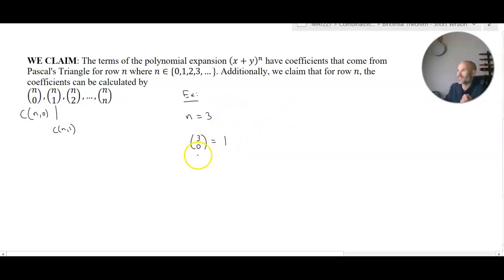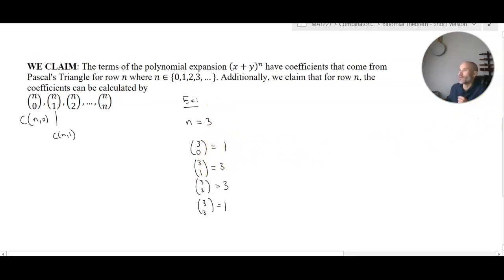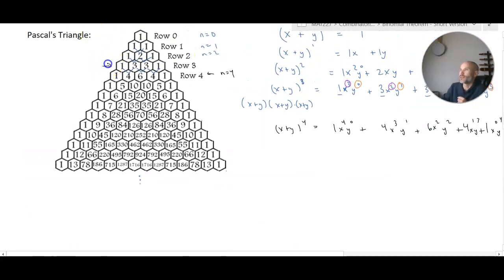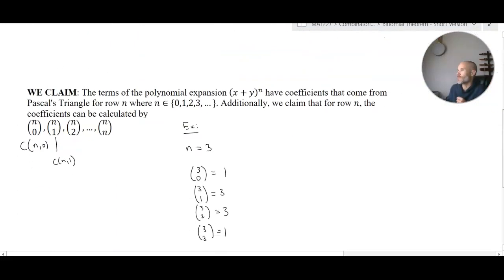That is one way of selecting 0 things from 3, where order doesn't matter. And then selecting one thing, there's 3 ways to do that. The number of ways to select 2 things from 3 where order doesn't matter is 3, and 3 combination 3 gives us 1 as well. Well, fantastic. So that means that we have now generated the elements of row n equals 3, which if we look up here, check it out, we did good: 1, 3, 3, 1.